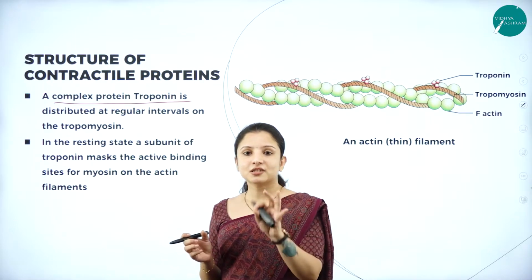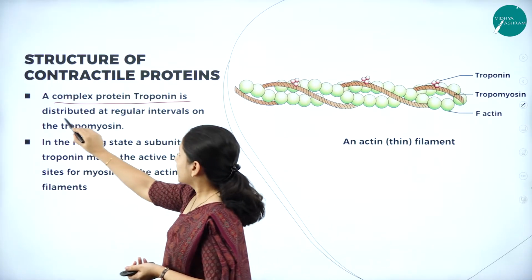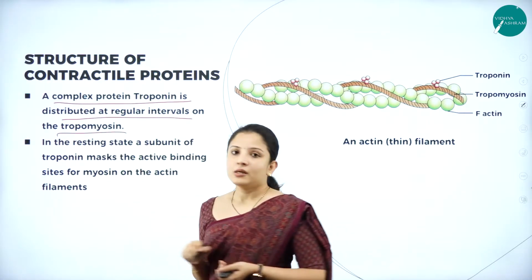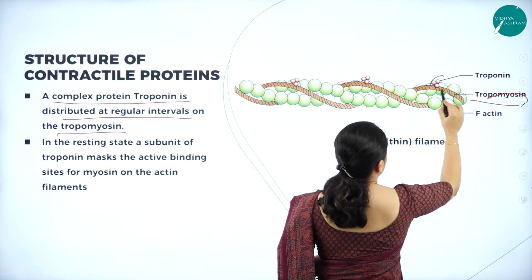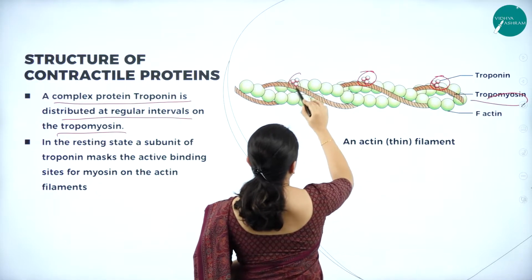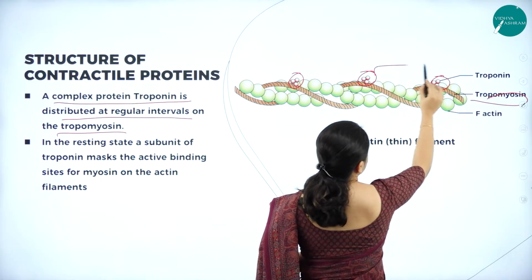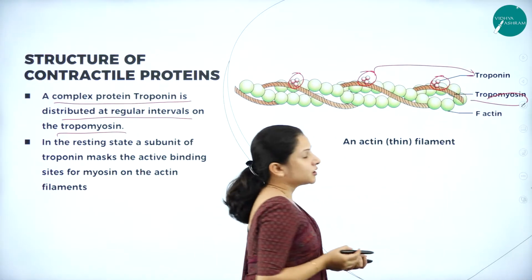It is only distributed here and there at regular intervals on the tropomyosin. So if you can see the tropomyosin, at regular intervals there is the presence of troponin.